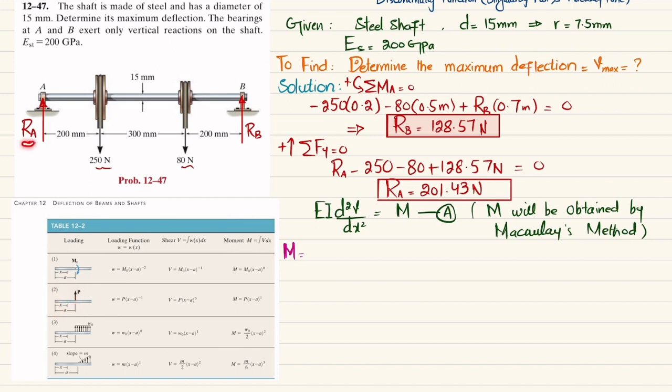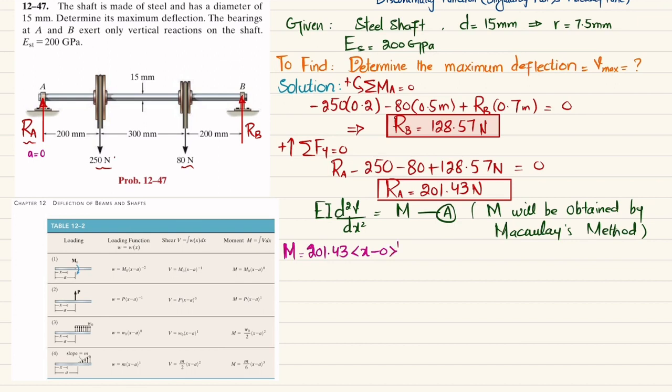So we'll apply it first on RA. Since the load is upward, the moment will be RA, which is 201.43 into x minus 0, because A is equal to 0 as this load RA acts at the start. So x minus 0 power 1.